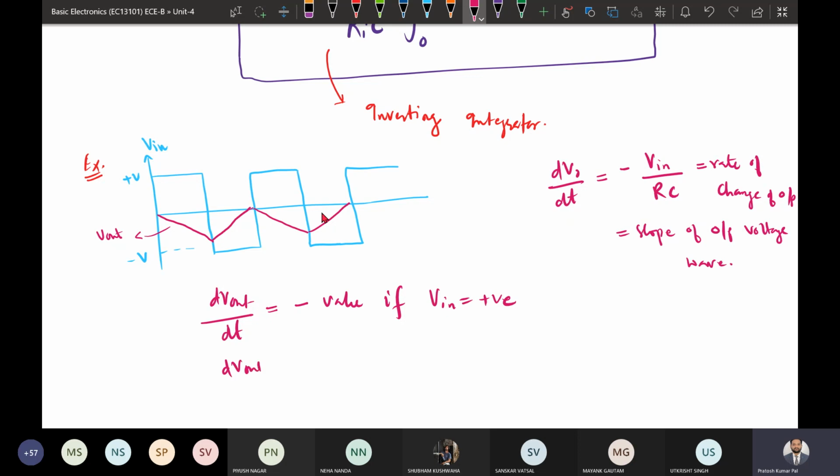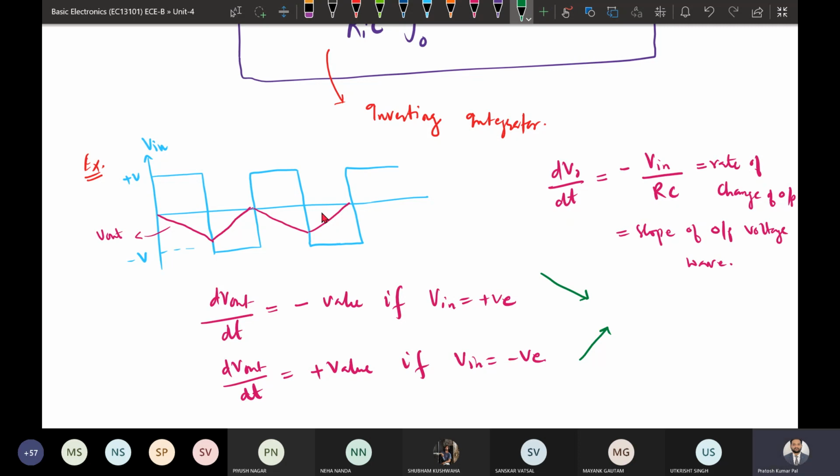Similarly, dV out by dt will be a positive value if V input is negative. This is the slope. So if V input is positive, there is a negative slope, that means the output will be going downward. And if the slope of the output voltage is positive, that means it will be going upward when V input is negative. This is how we implement it.